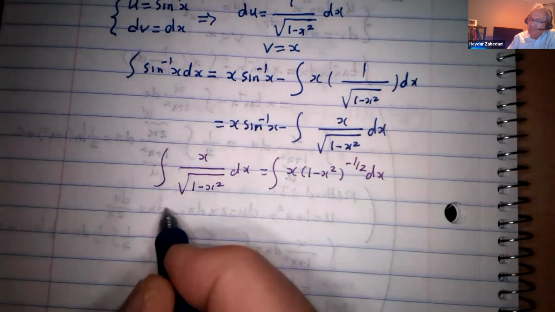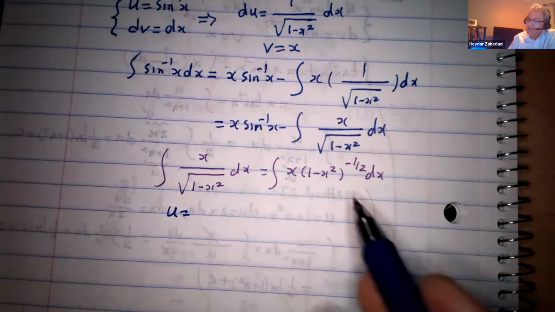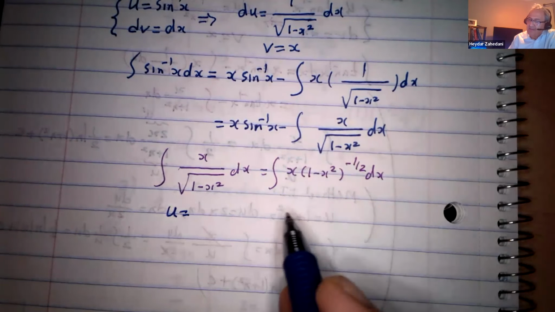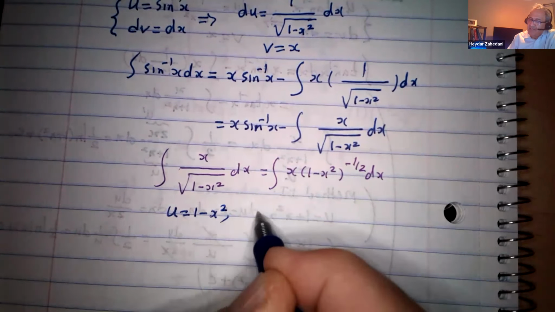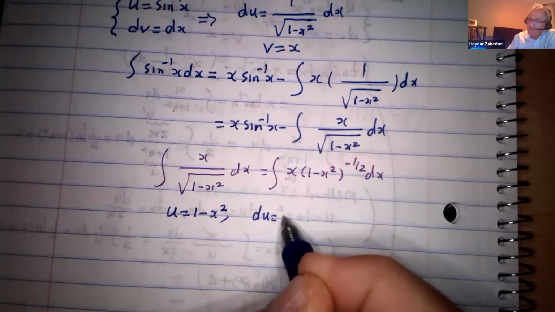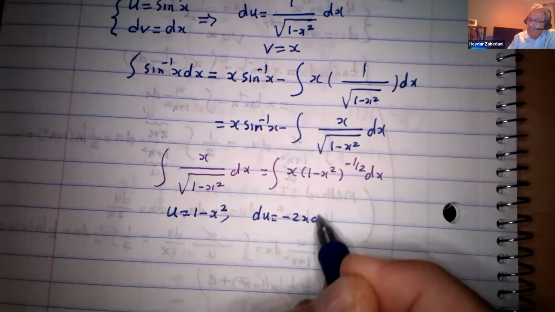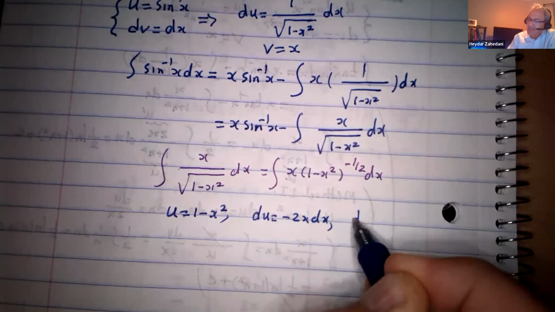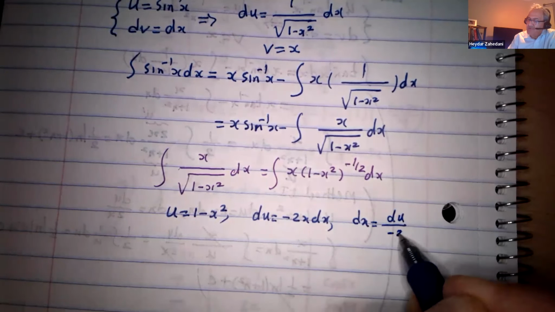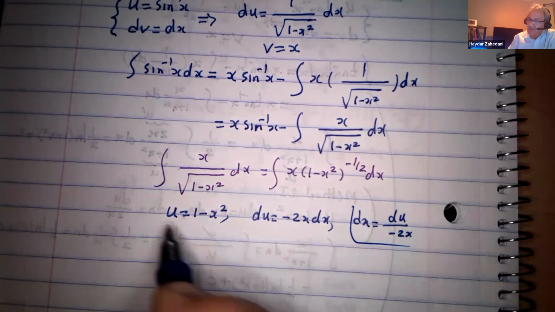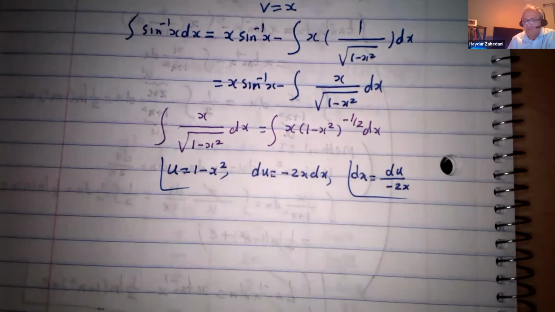You take u to be, it can also be done as a shortcut, u would be 1 minus x squared. You have to find the du, which is negative 2x dx. Then you have to find the dx, which is going to be du over negative 2x. Okay, you have to use the u substitution for all of them.